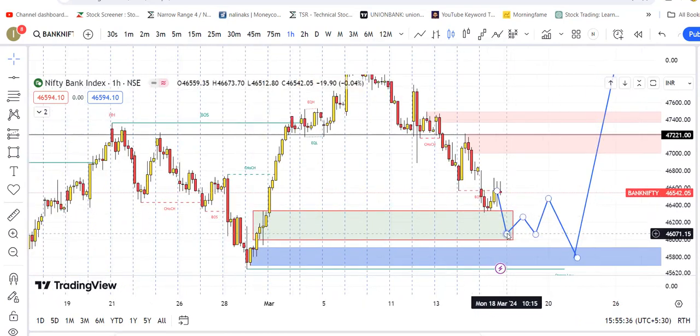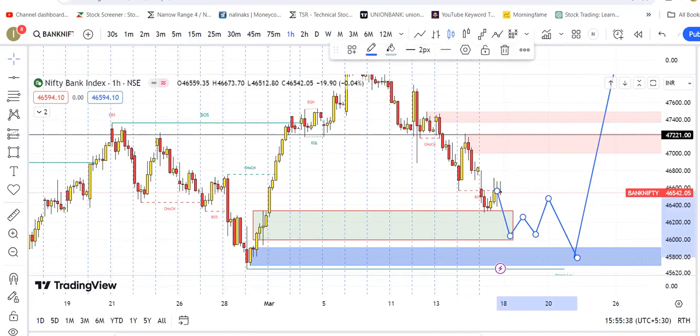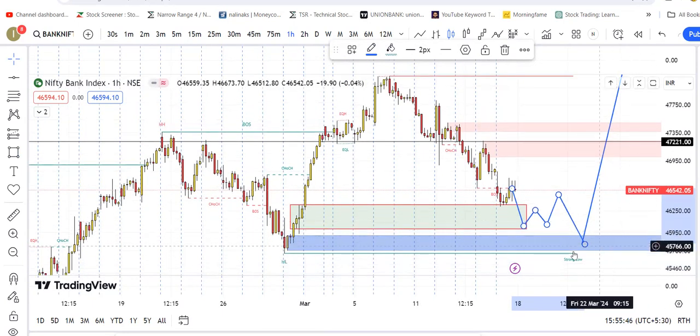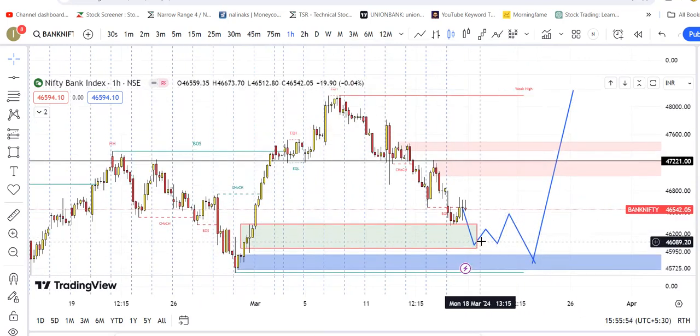Unless I see a liquidity sweep, this is my point of interest. The market can go down, or it can sweep the liquidity below that also. But it may come and tap this order block. There is no setup at present. You need to wait for this type of setup in Bank Nifty.